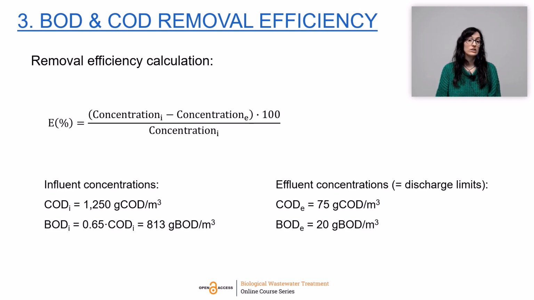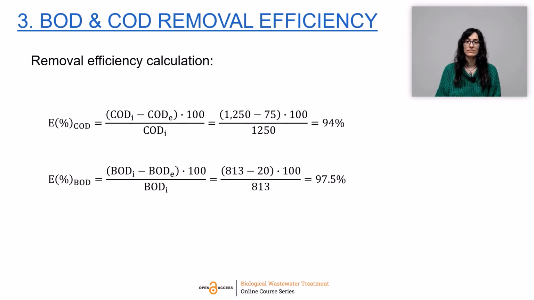Note that we can calculate the BOD concentration because we know that we have a certain ratio of BOD to COD of 0.65. In this case, we need a removal efficiency of 94% to comply with the COD limit and an efficiency of 97.5% to meet the BOD discharge requirements.